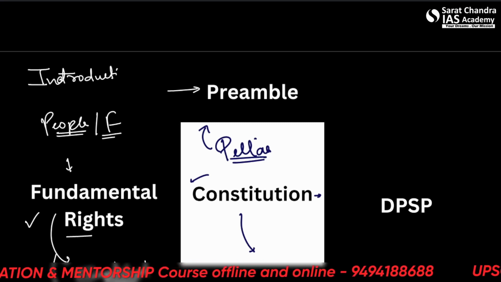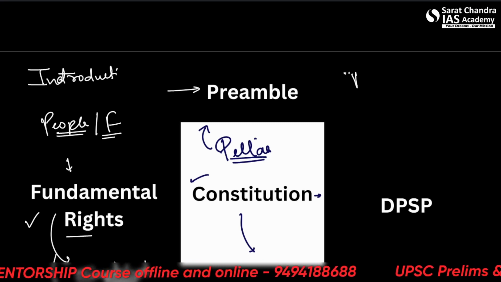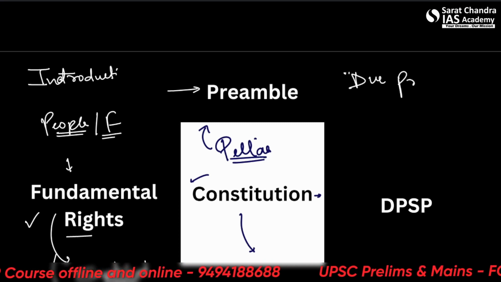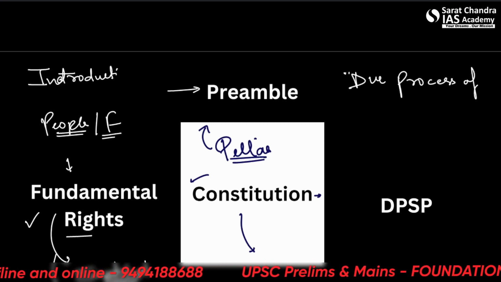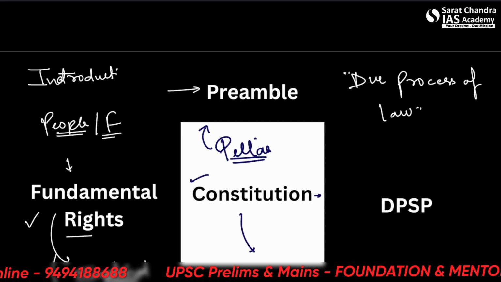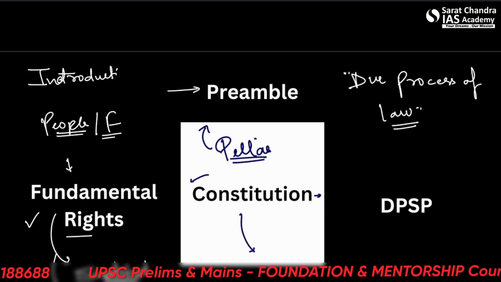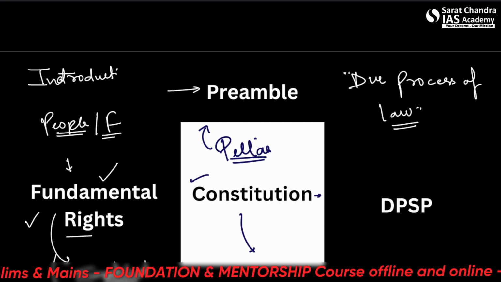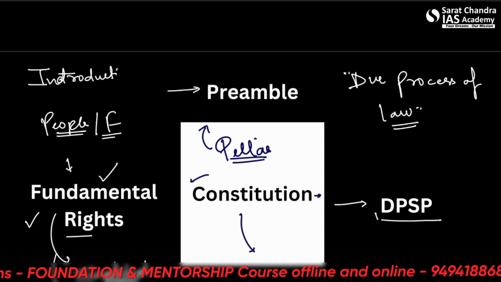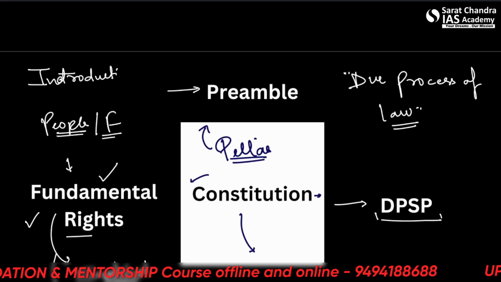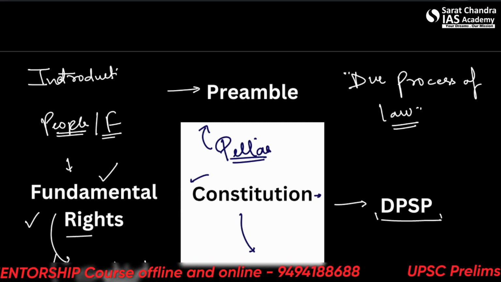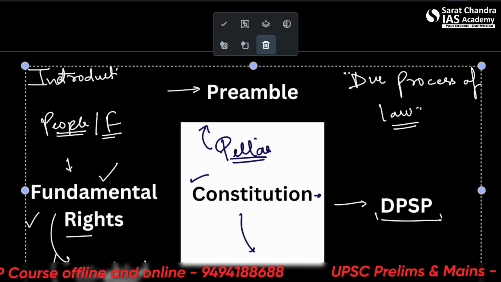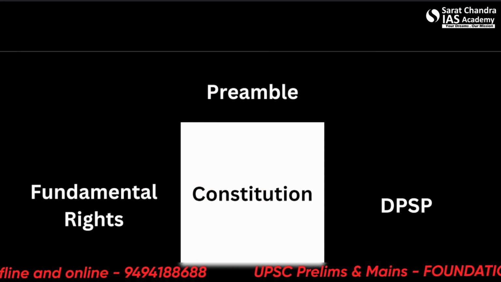On how, we have already discussed a question with due process of law. So in this video, we'll be talking about the FR only, not the how. Okay, the fourth pillar is the DPSP. So these give a basic introduction to the Indian Constitution, in light of which we'll be solving the question.